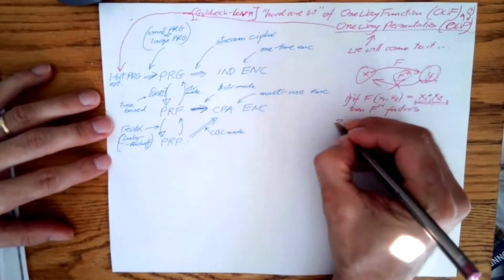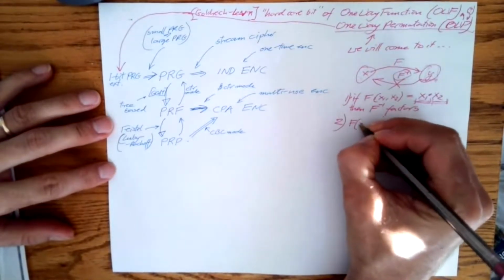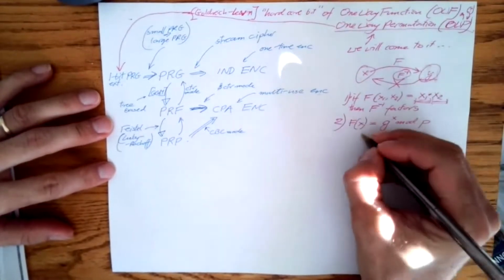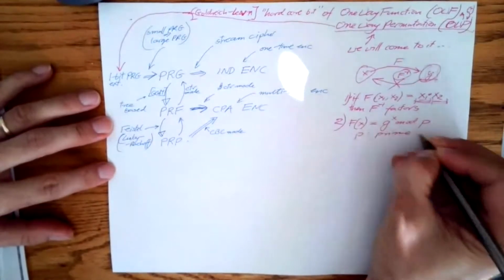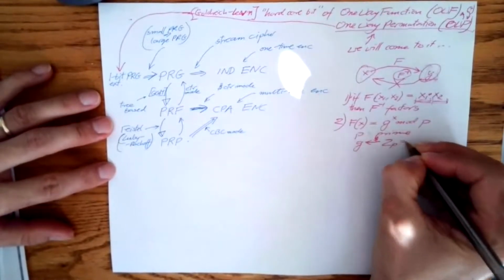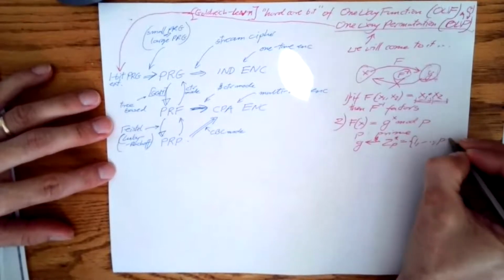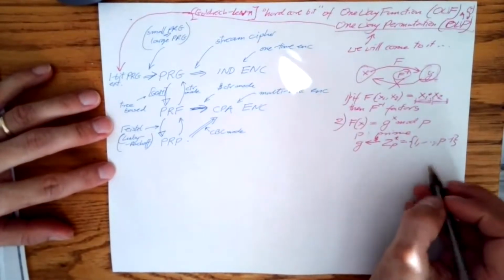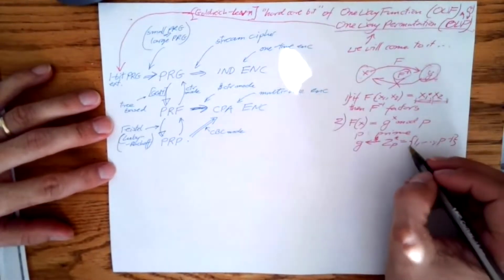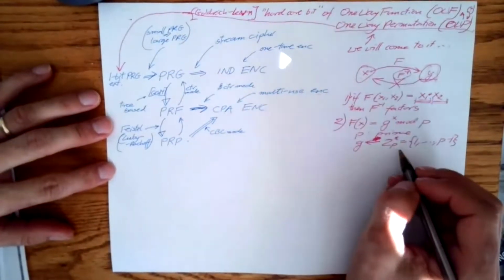Another example is f of x defined as g to the x mod p, where p is prime, and g is a number in Z_p star, which is the set 1 to p minus 1. Actually it doesn't have to be random.